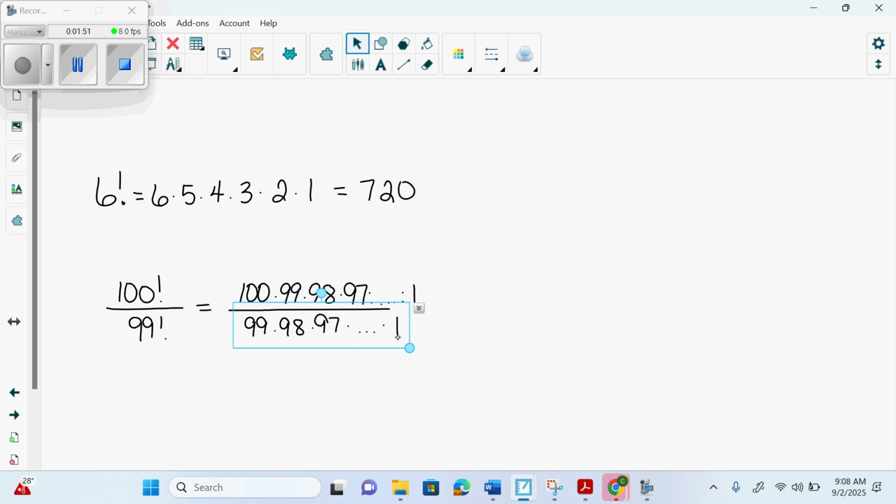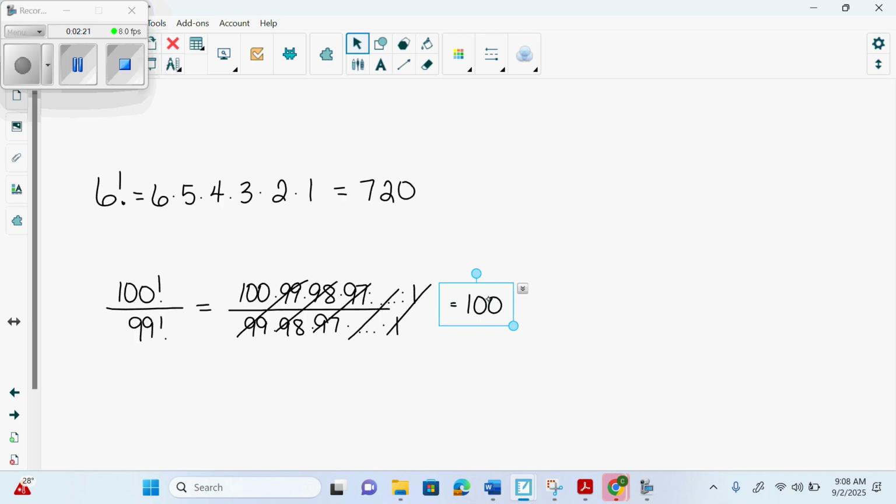Yes? And because it's multiplication, we can cancel. If it was addition, like x plus 2, which you did in rationals last year, you need an x plus 2 in the bottom to cancel, because addition has to have that connector. But when it's multiplication, if you have something that's the same on the top as on the bottom, you can just cancel them off. So cancels, cancels, cancels, the dots cancel, the 1 cancels, and I get 100. Correct? Do you see what I'm saying? What all cancels?